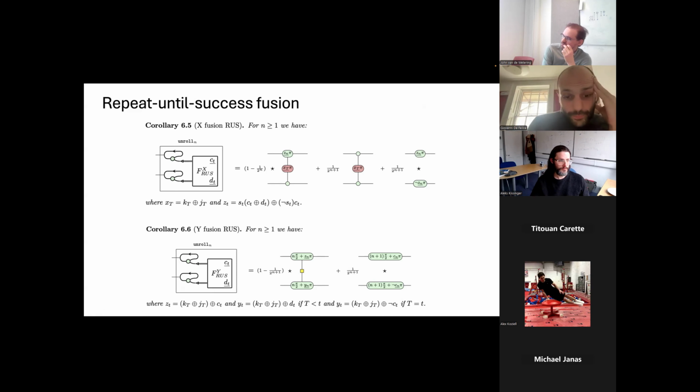And in this case, we've added a Hadamard edge between them. So we've performed a CZ gate. And this is what we started from, which was the repeat until success protocol of Lim et al. from 2005.